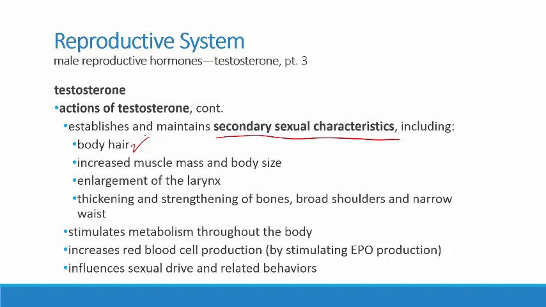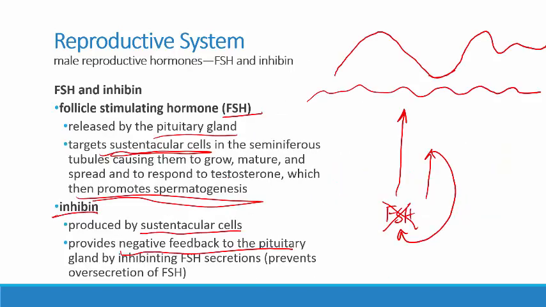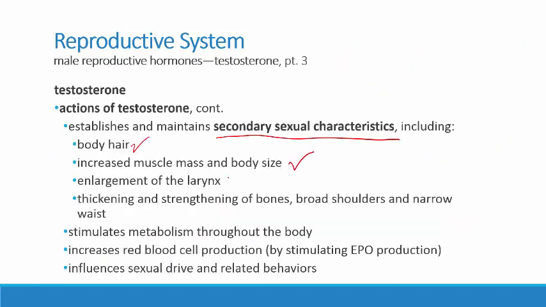It also promotes increased muscle mass and body size. So we see men become larger than women eventually as a result of testosterone, and have a tendency to have larger muscles than women as a result of testosterone. We see enlargement of the larynx as well, and that's what contributes to the deeper voices that we men have, because the larynx is larger and the vocal folds are longer.